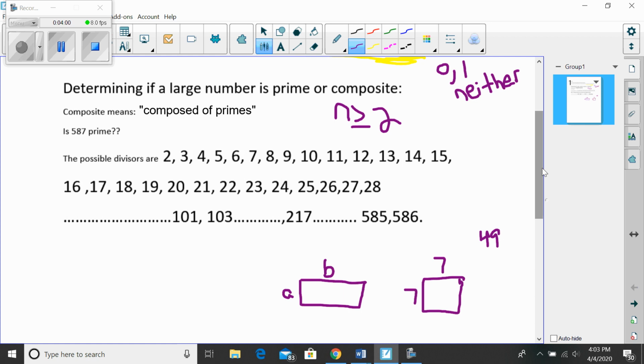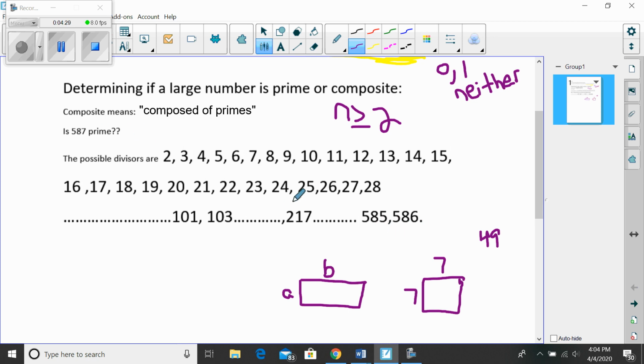It is a lot of work to determine if a number is prime, but what we need to figure out is how to do this with the least amount of effort possible. Because when I'm looking at 587, I have to ask, does it have a divisor? And then I have all these potential divisors, starting with 2 on up until I get to this quantity.